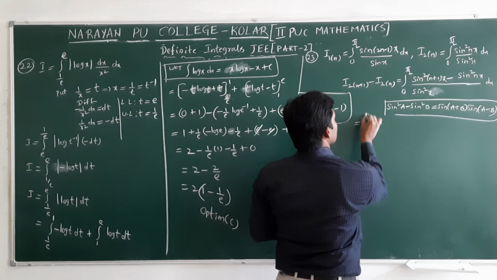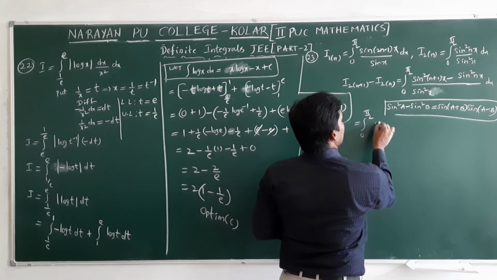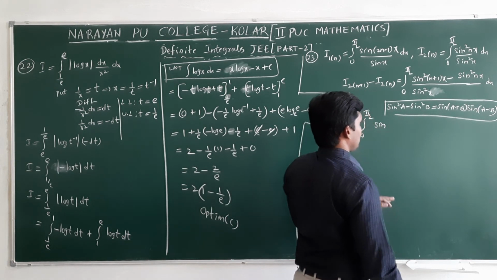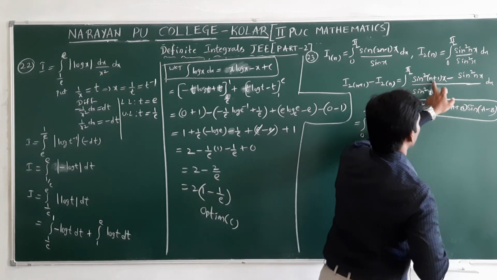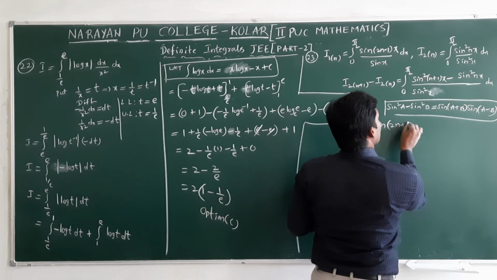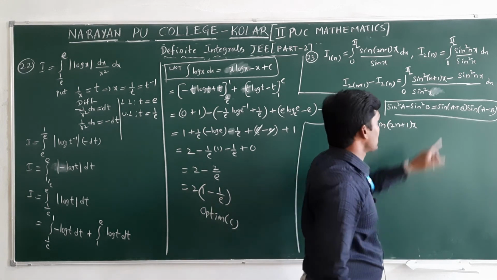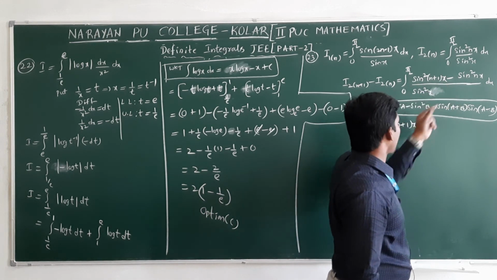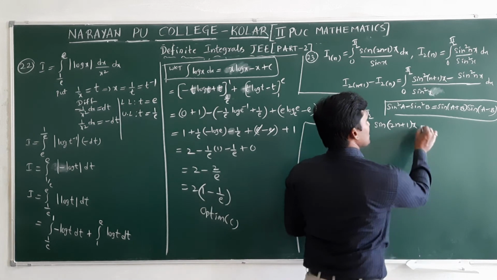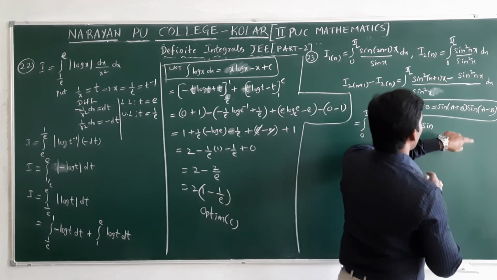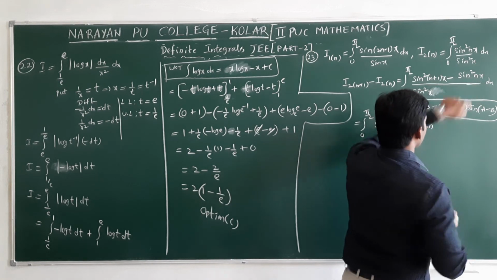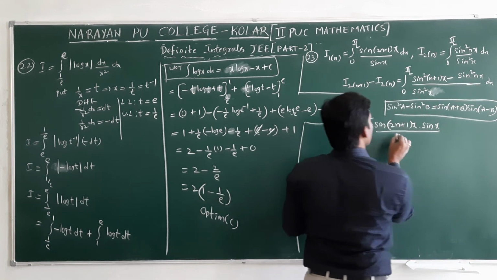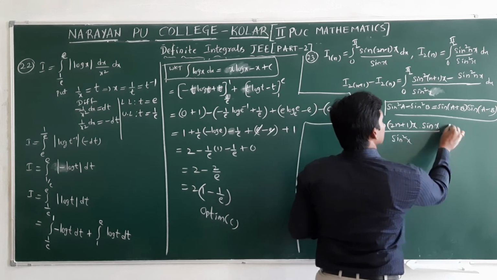That is equal to integral 0 to pi by 2 sin of (a plus b). A plus b means (n plus 1)x plus nx. Total we will get (2n plus 1)x, because 2nx plus x. Then sin of (a minus b): nx plus x minus nx, nx cancels, we get x, by sin square x dx.